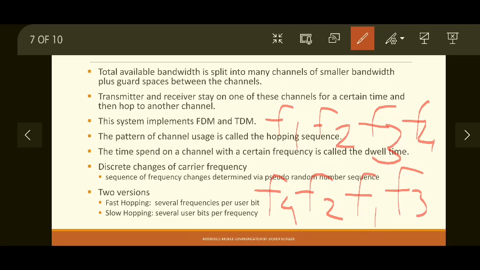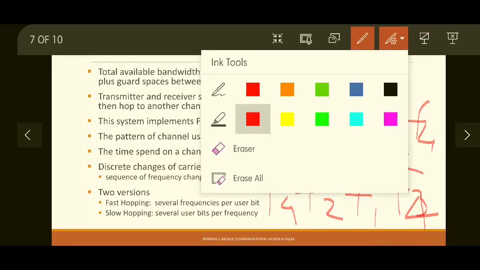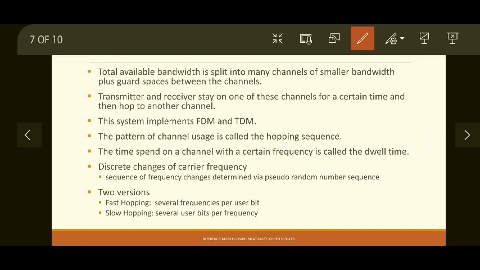Sometimes we use the same channel again, like F4, F2, F1, then again I might use F4 again. So this may also happen, so that frequency selective fading can be avoided. The time spent on a particular smaller channel with certain frequency is called as a dwell time.